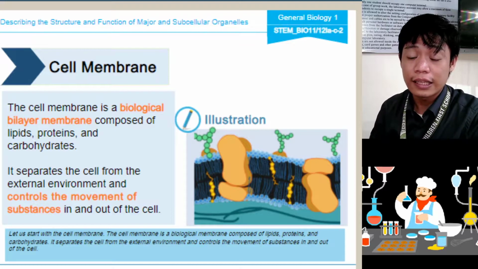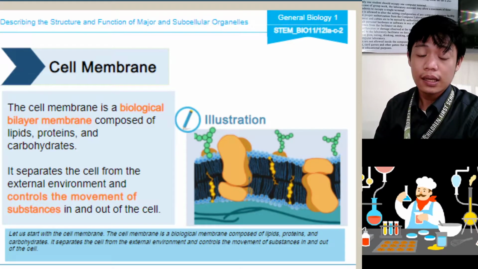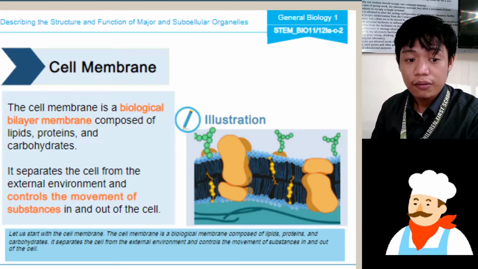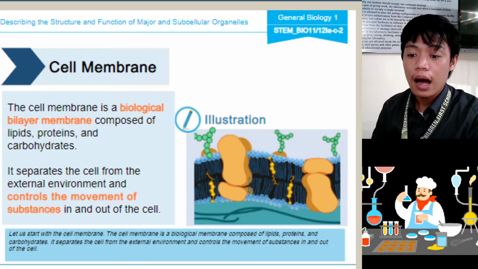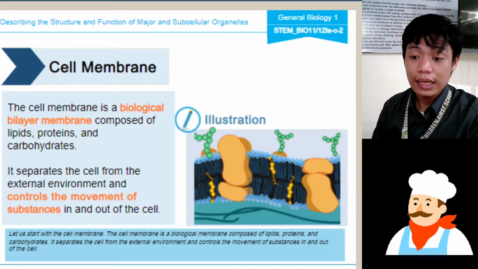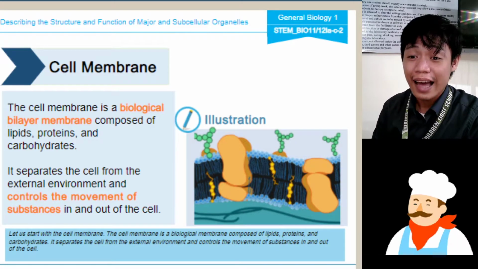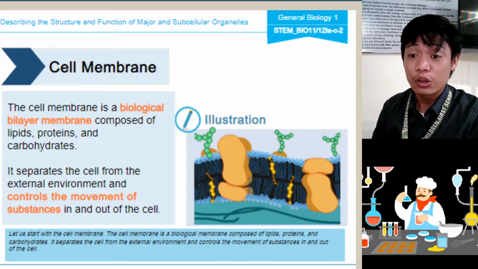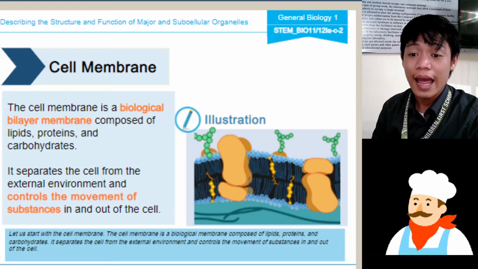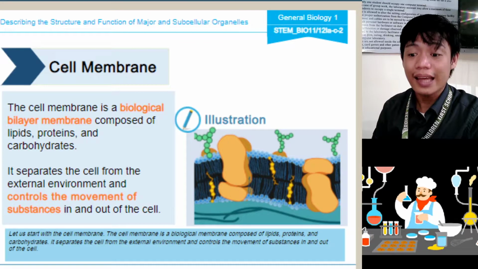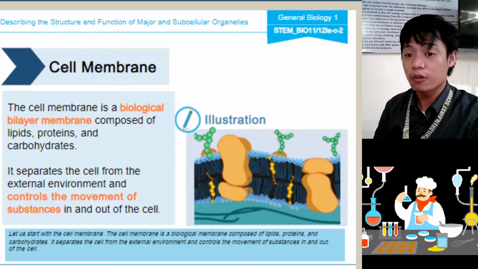It separates the cell from the external environment and controls the movement of substances in and out of the cell. So it's just like the border of North Korea, right? That permits the entry and exit of those people who will enter and go out from that country.